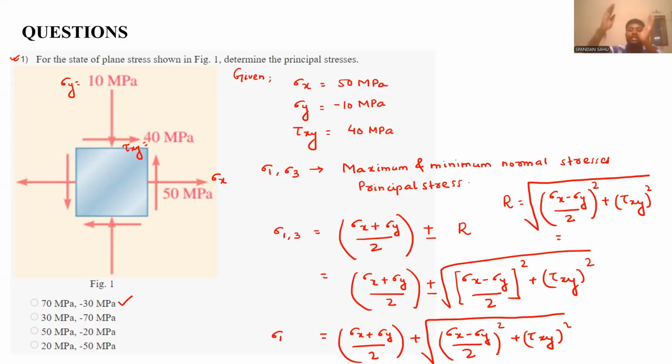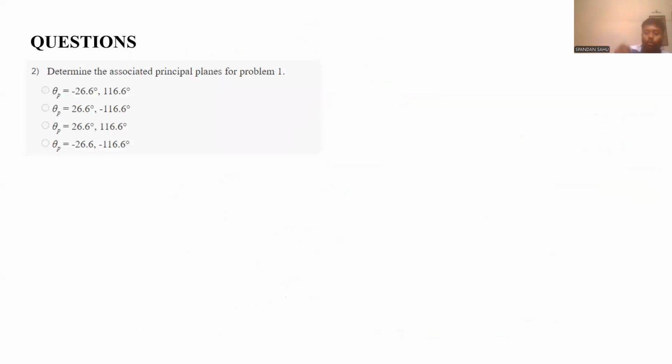they are now asking at which angle those principal stresses will be located. So we can directly apply the formula. We know tan 2 theta p is nothing but 2 tau xy upon sigma x minus sigma y.